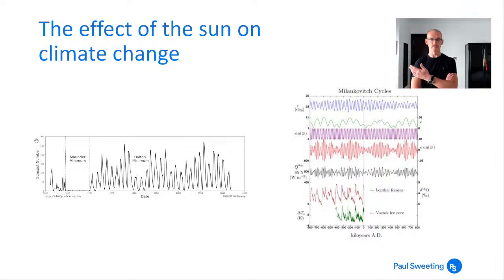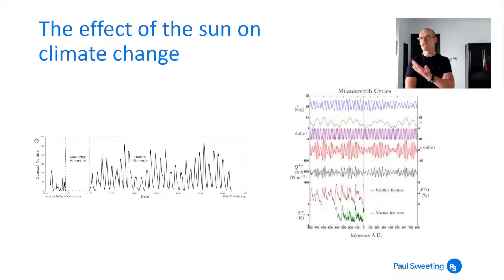So you get these 11-year cycles which peak in a maximum number of sunspots and then it dies away. And there was a period in the 17th century where there were virtually no sunspots and the sun was much less active. We had something called the Maunder minimum, which meant that the River Thames was regularly used as a skating rink because the temperature was so much lower.